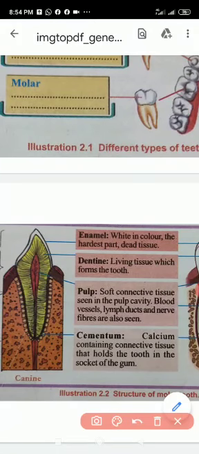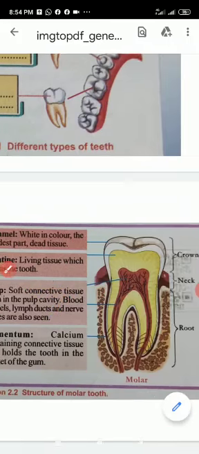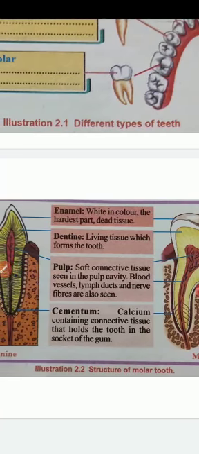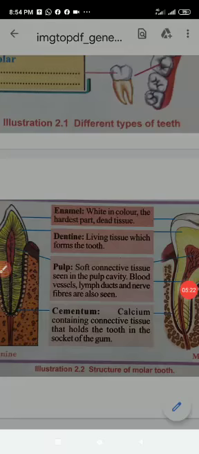So that fixes the teeth inside the gum. So these are the internal parts of the teeth, and there is no difference in the case of canine and this molar teeth. So their morphology and functions are different, but their internal structure is same. We understood it.